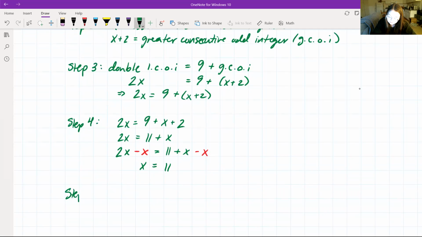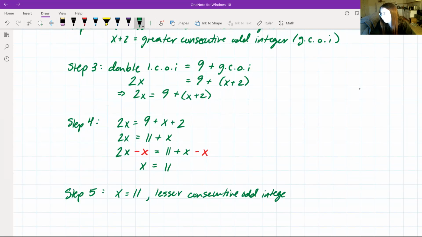So then in step 5, since we have that x is 11, this is our lesser consecutive odd integer.